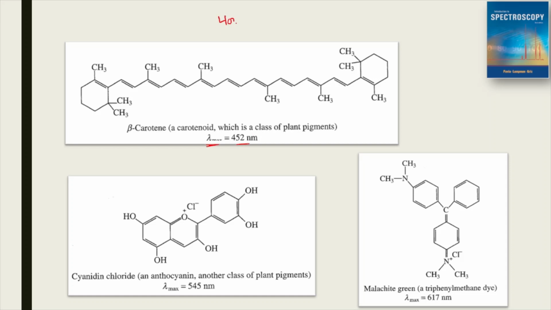The visible region is from 400 to 800 nanometer. So this is beta carotene. It is red in color because it has a lot of conjugation in its structure. So the lambda max becomes 452, which falls in the visible region. That's why beta carotene is a colored compound.